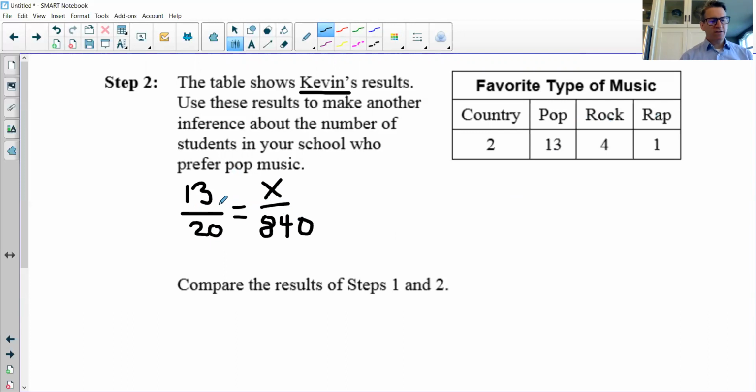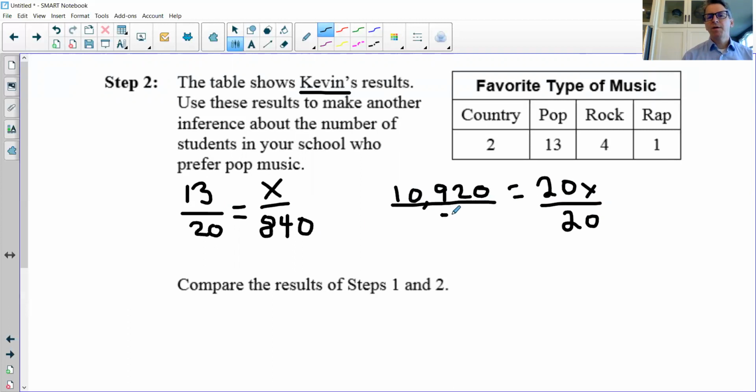By cross multiplying here, you'd have 840 times 13, which is 10,920, equal to 20 times X. To undo this multiplication of 20, we divide by 20, and that would get you X is equal to 546.